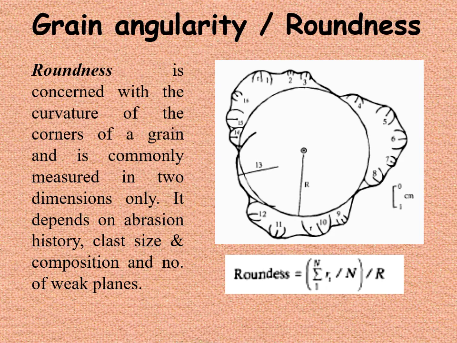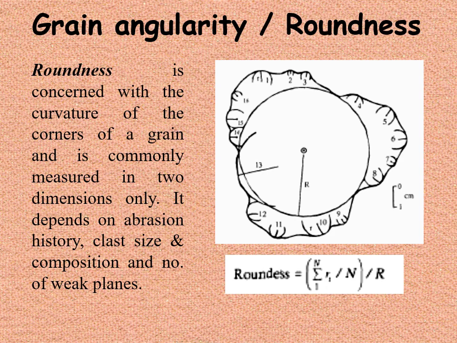So this R radius value bearing circle is the maximum inscribed circle possible within this irregular grain. So roundness is depicted by the summation of the smaller circles' radii divided by the total number of smaller circles counted.